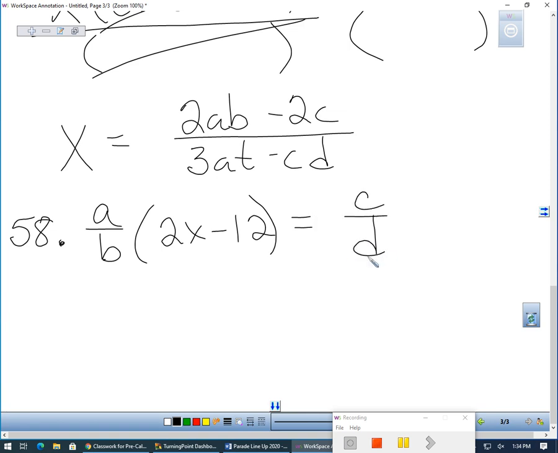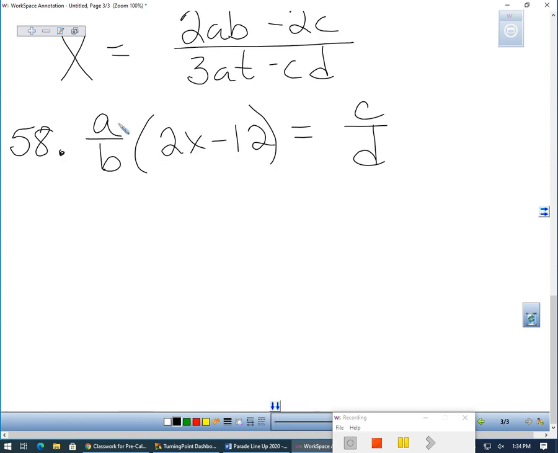And we're trying to get x by itself. What do we always do first? Distribute, absolutely. So let's distribute. A over b times 2x is 2ax over b. A over b times negative 12 is negative 12a over b equals c over d.